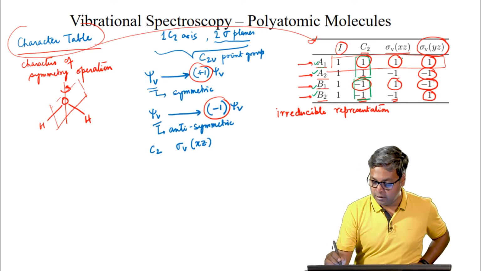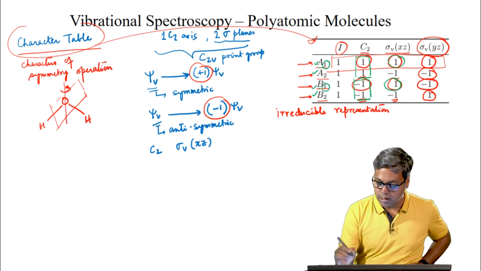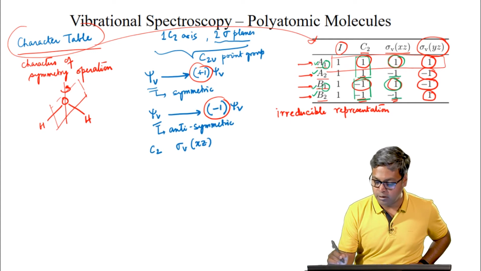So, we can see whenever the sigma v xz is plus 1, we have 1, and when it is minus 1, we have 2.